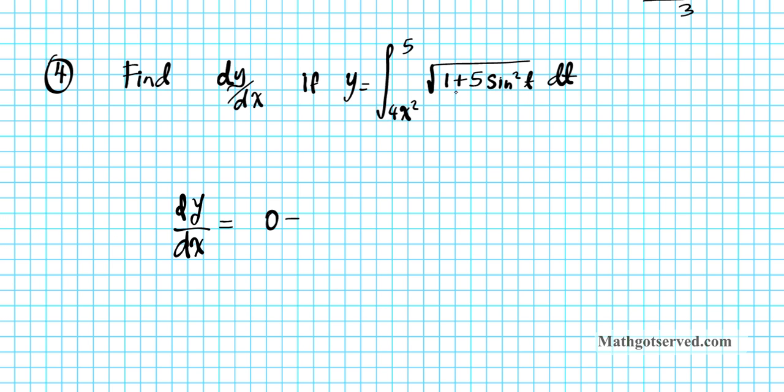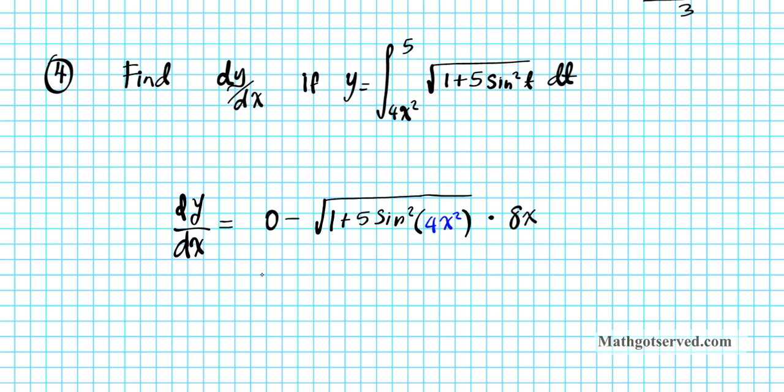Minus, for the lower limit, all you have to do is simply plug in 4x squared into this function, which would be the square root of 1 plus 5 sine squared of 4x squared. Instead of t, you put in the 4x squared, and then multiply this by the derivative of 4x squared, which is 8x.